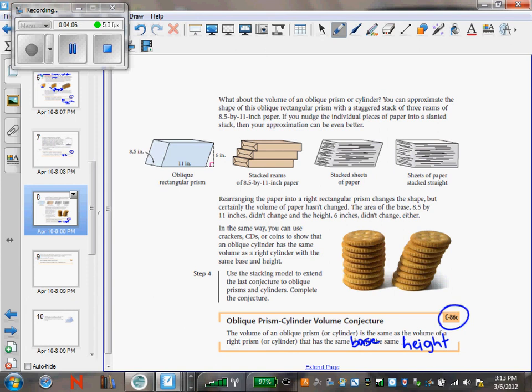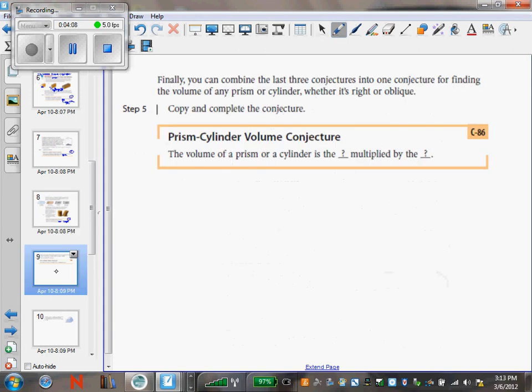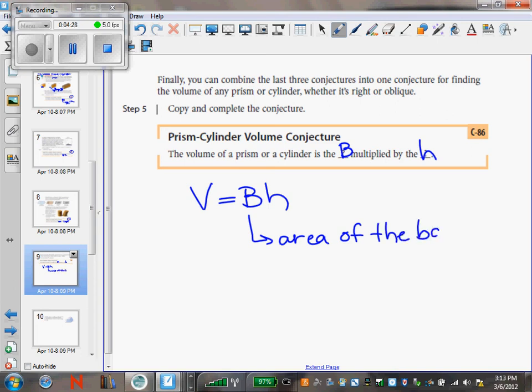So we are going to have one conjecture, conjecture 86: the volume of a prism or a cylinder is the area of the base, so big B, multiplied by the height. So volume equals big B times H, where big B is the area of the base, and that's going to be a polygon, times the height.